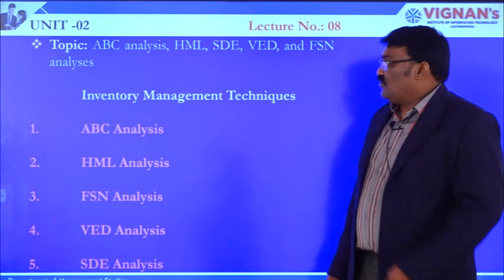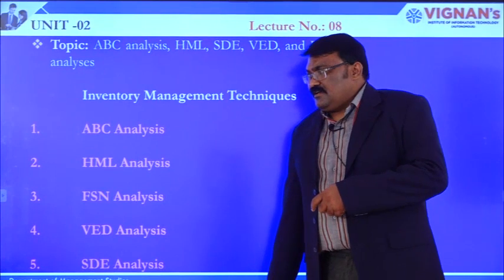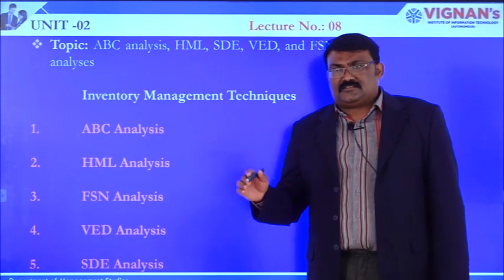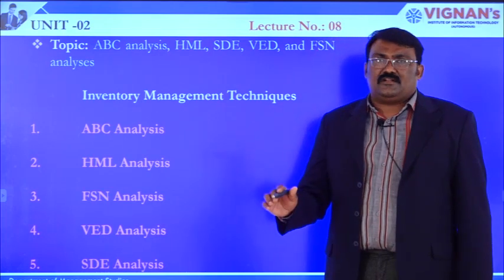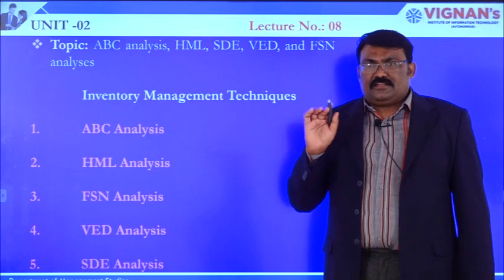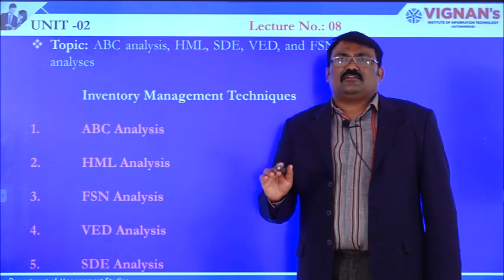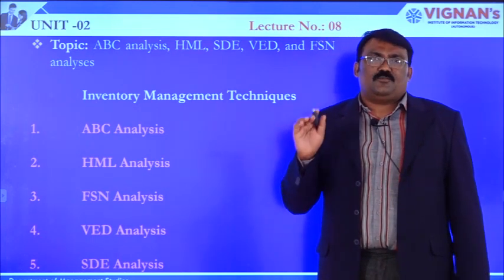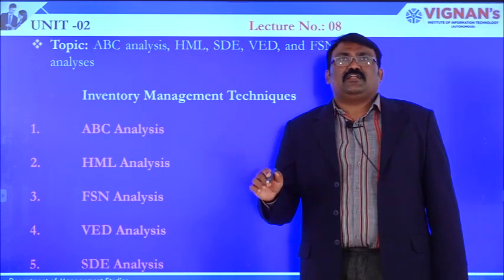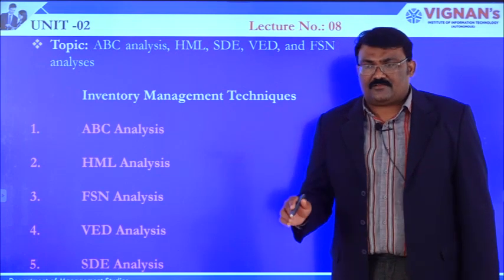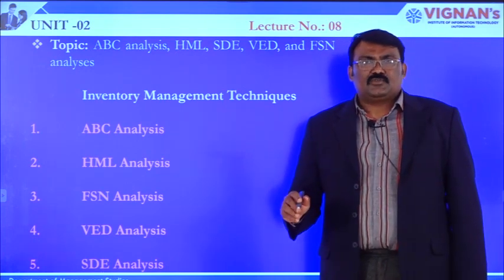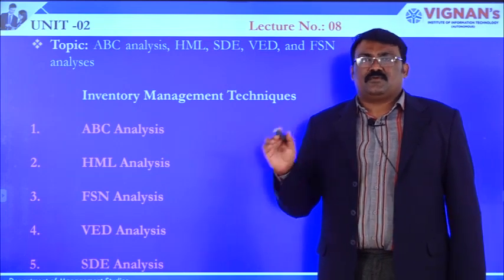Okay. Now, the maintenance of the inventory at the least, that is at the minimum level, is the most important objective. Maintenance of the inventory at the minimum level of the stock is the most important objective, because that will allow the organization to have the maximum revenue.